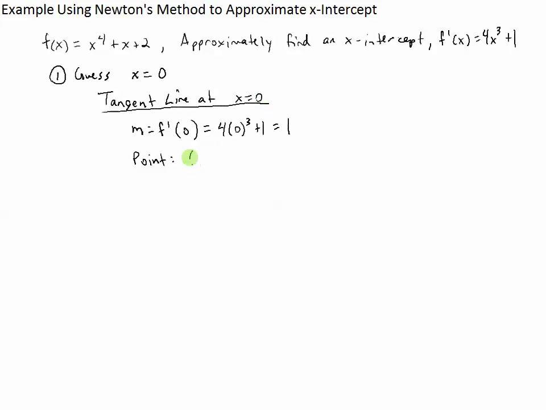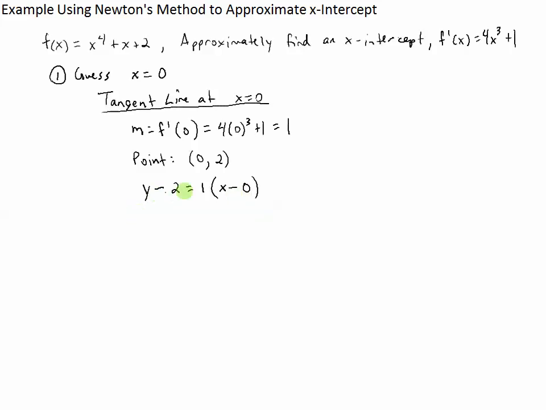Then we need a point on this line. Well, we know x is 0, and we know the tangent line shares a point with this function, right? The whole idea is the tangent line at the point where x is 0. So y would be 0 to the fourth plus 0 plus 2, which is 2. So the tangent line equation, using point slope form, would be y minus 2 equals the slope of 1 times the quantity x minus 0.